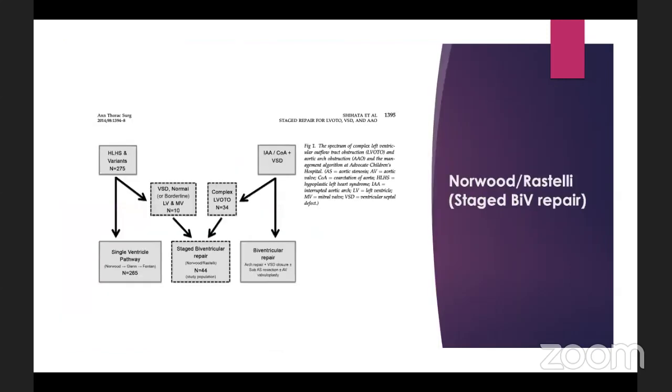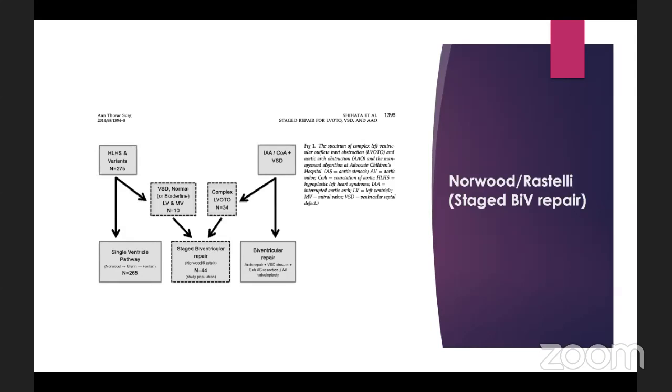Just an interesting concept before my battery dies. I wrote this paper when I was in my fellowship about staged biventricular repair. These are patients who present with some sort of hypoplastic variant with a VSD or complex LVOT with arch obstruction, and you cannot make a clear decision of which way to go when they're neonates.